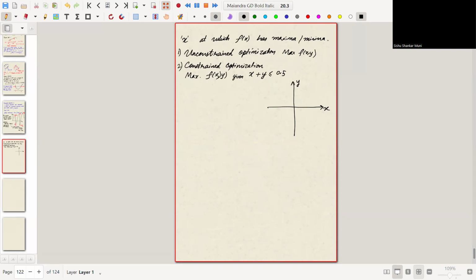The first one means you find the maximum of f on the whole of the R2 plane. For all x comma y in your R2 plane, find the max of f of x, y. It will take all the points in the plane, compare, and find which one is the largest.